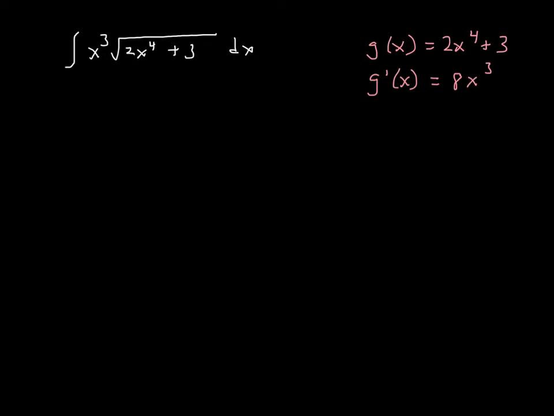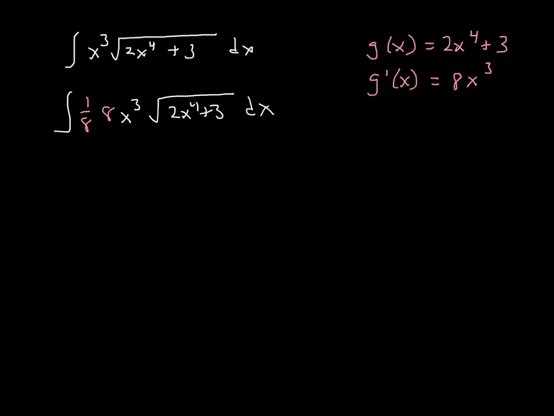Well, what I can do is multiply, in essence, by a fancy form of 1. And that fancy form of 1 is going to be this. I'm going to take this as the integral of 1/8 times 8 times the x cubed times the square root of 2x to the 4th plus 3 dx.